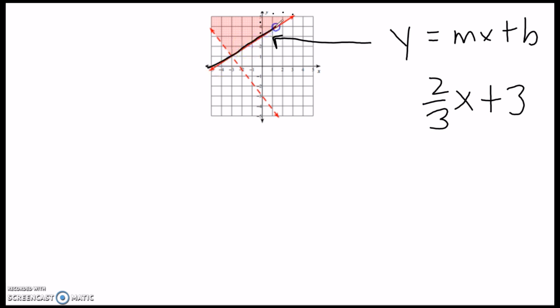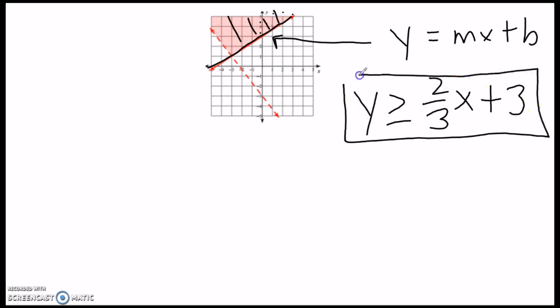This line is a solid line. Since it's solid, that means it's equal to. And I know it's greater than because it's shaded above. So the equation of the first line is y is greater than or equal to 2/3 x plus 3. Now let's find this other line. Doing the same setup, its starting point is down here at -3.